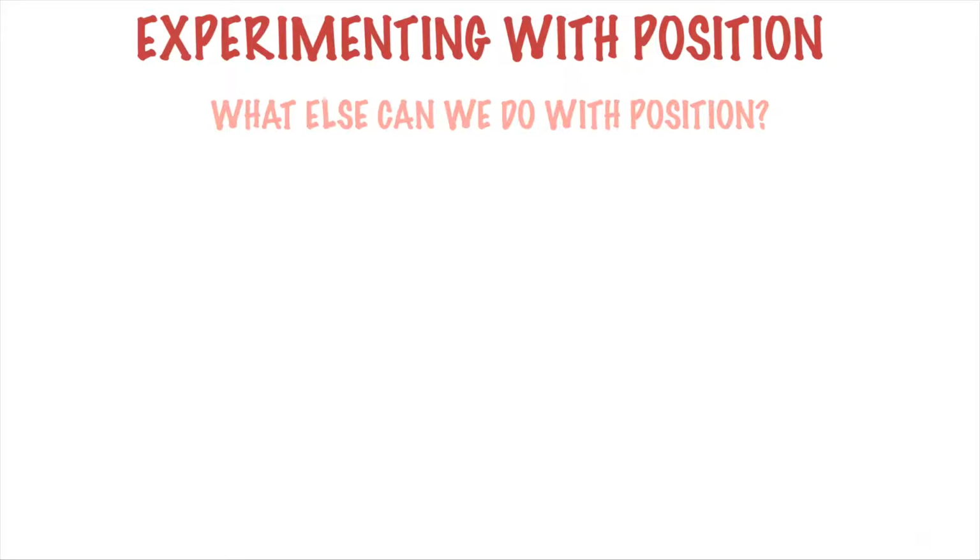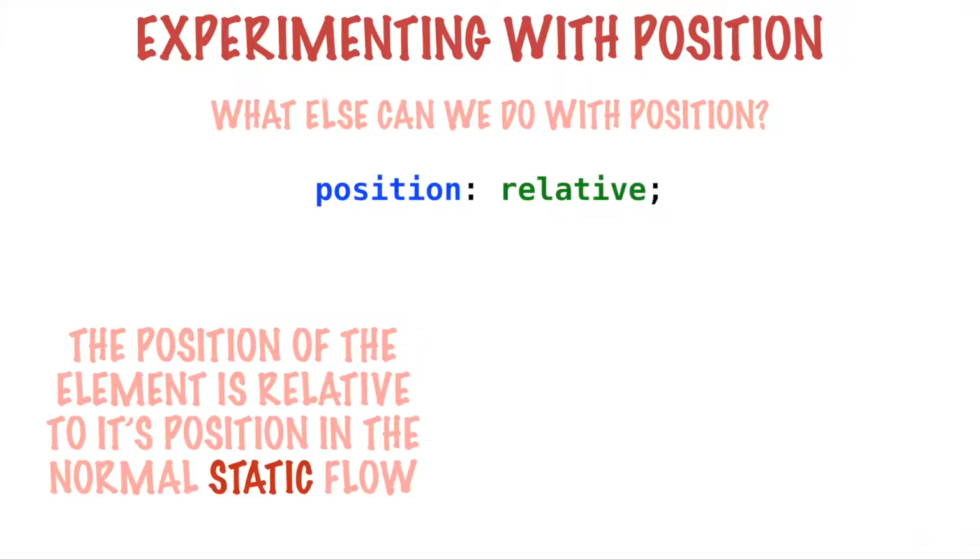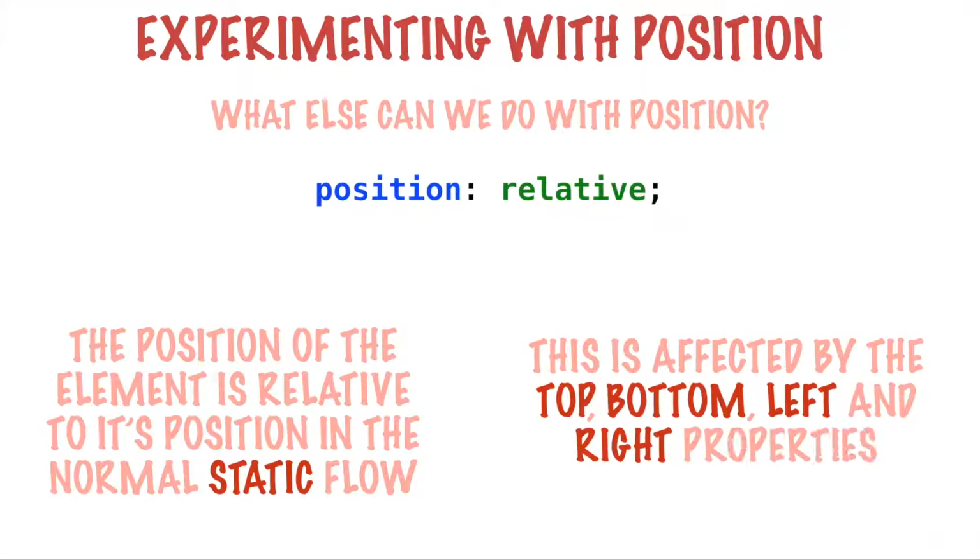Another valid value for the position property in CSS is position relative. We've discussed earlier that every HTML element has a specified position as it's being laid out by the browser. The default position is the one that's specified only by the browser's flow. When you apply position relative to an element, it is positioned relative to the position it would have occupied in the regular flow of the browser.